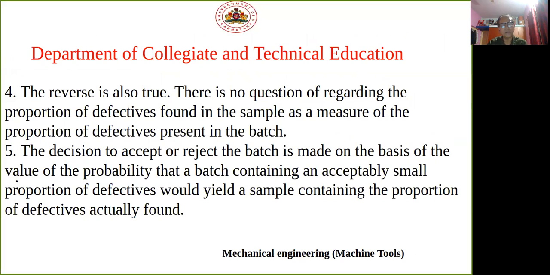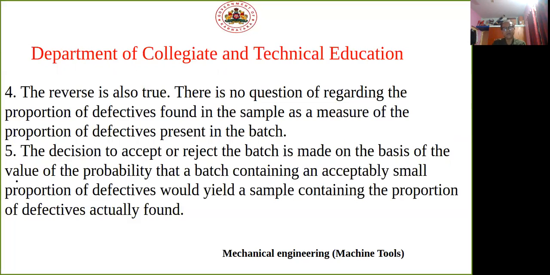Sometimes the sample that has been inspected is good, but when you compare with the other items in the lot, they may be bad. So the reverse is also possible in acceptance sampling.